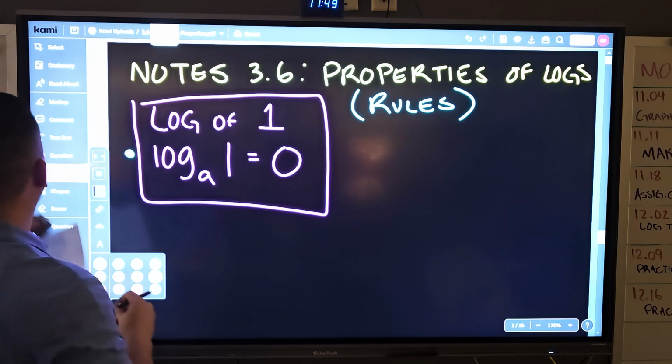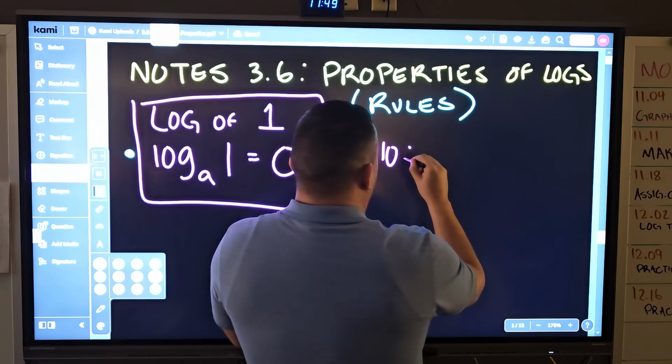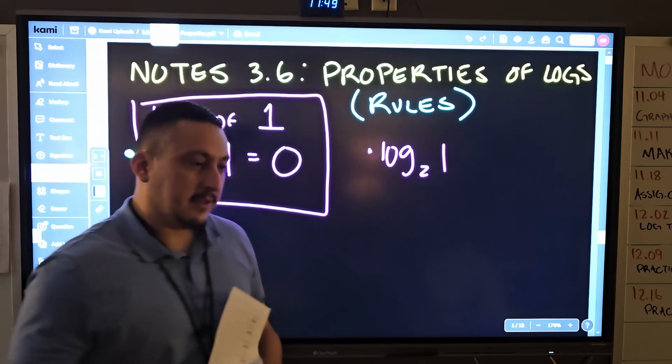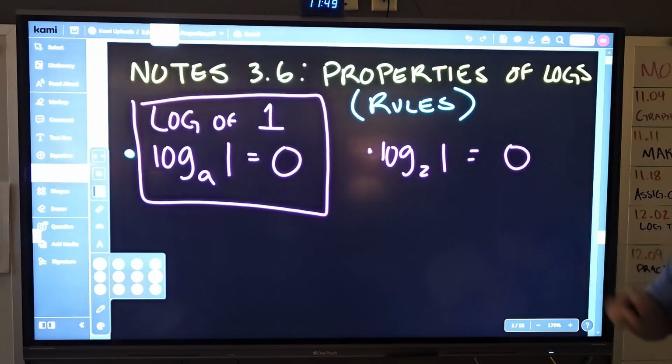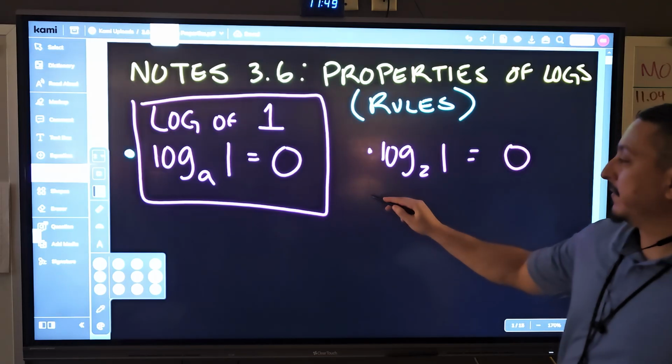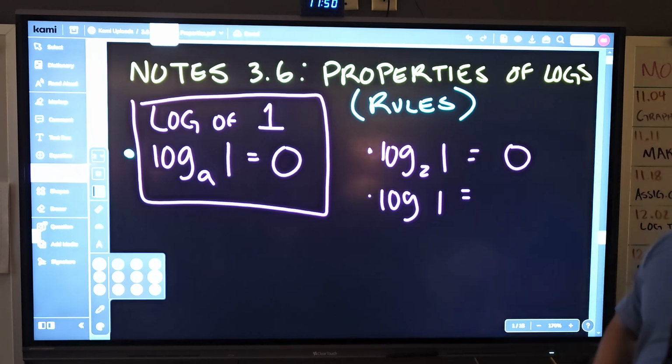Examples of this would be log base 2 of 1. Like I said, any base, it doesn't matter what the base is. So if the base is 2, it doesn't matter. The log of 1 is still 0. Or for example, the log of 1 with no base.